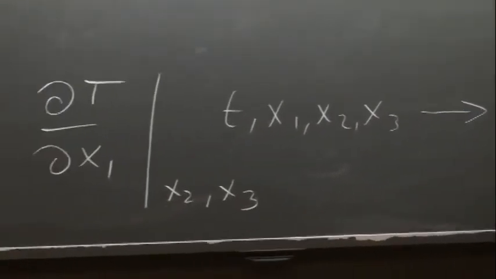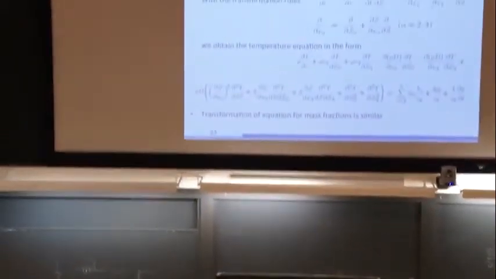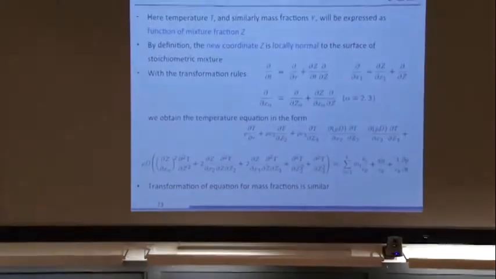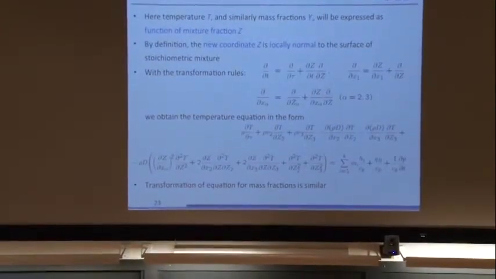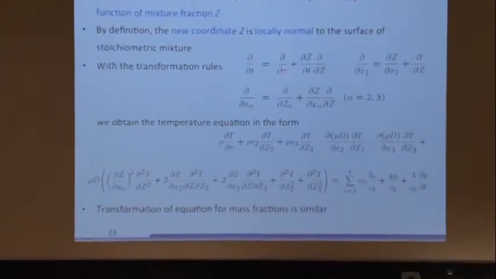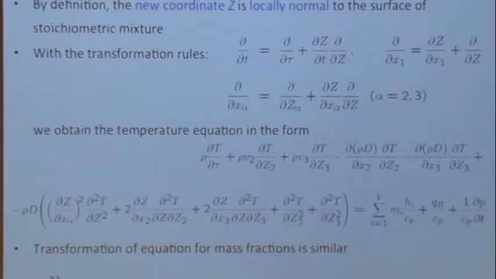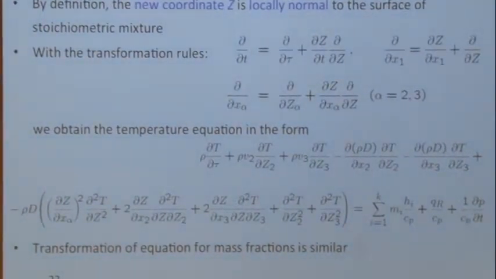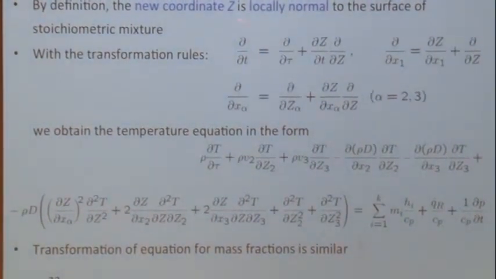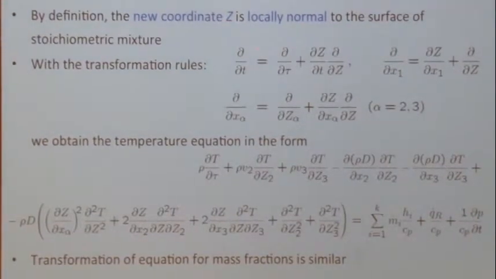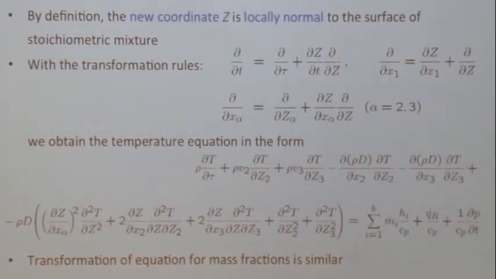Good. So if we do that, then t is equal to tau. It measures the same time. But d by dt is not the same as d by d tau because it's defined in a different coordinate system. The transformation rules are given here. D by dt is this. You see it depends on the z. D by dx is this.